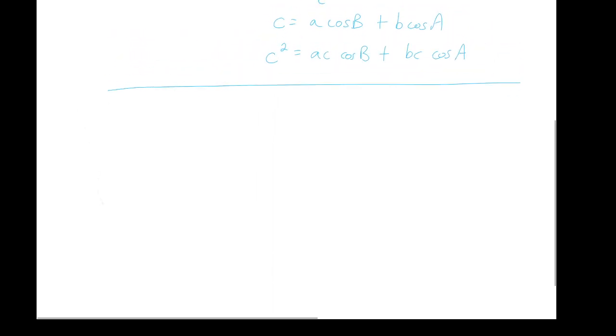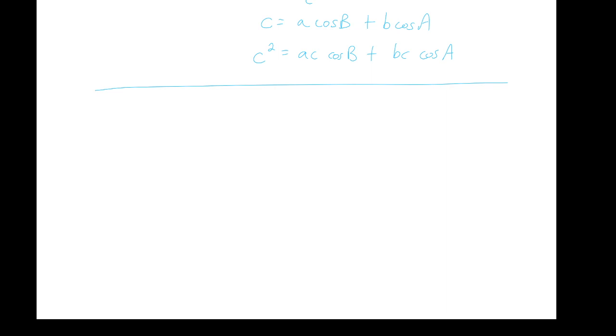Now, we could go angle by angle and accomplish the same exact thing with each side to get B squared and A squared simultaneously. So B squared, watch what's going to happen. Where C squared is AC cosine B plus BC cosine A, there's actually a similar pattern. We're going to have AB times the cosine of C plus BC times the cosine of A. Notice that when we're taking that cosine, it's going to be multiplied by the two sides that are not included.